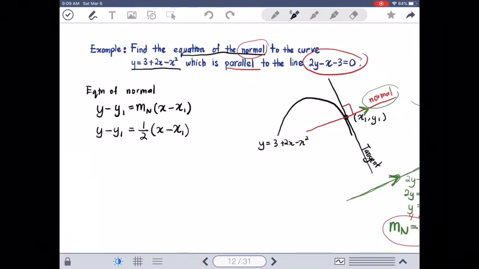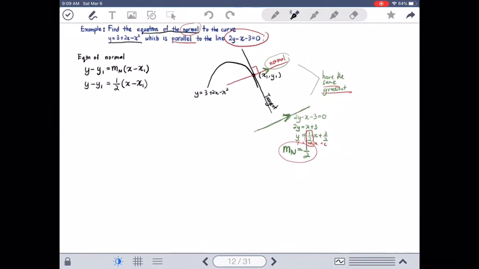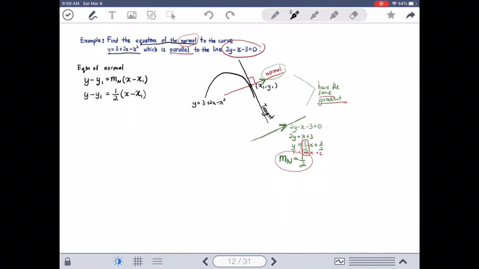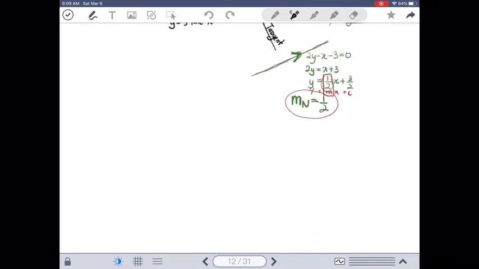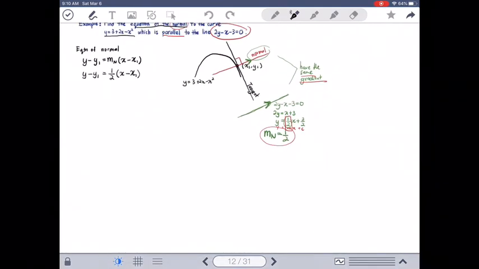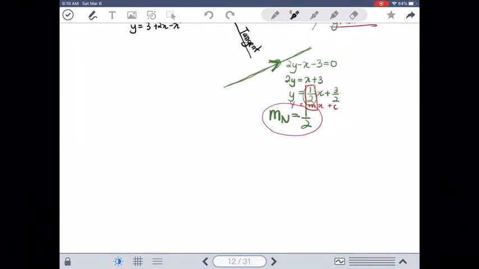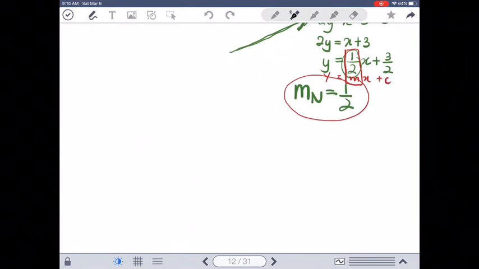And now we need to find our x1 and y1. So how do we find that? Given the information, we know that mn times mt is always equal to -1. That is the relationship between the gradient of tangent and the gradient of normal.